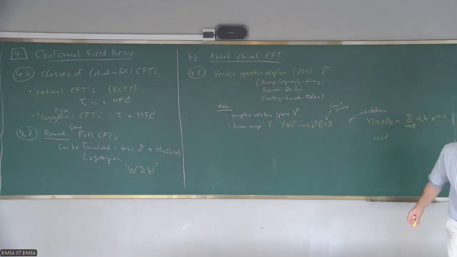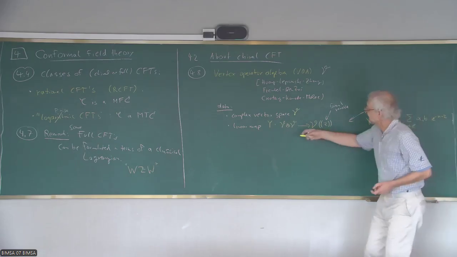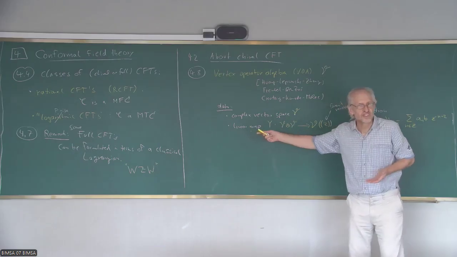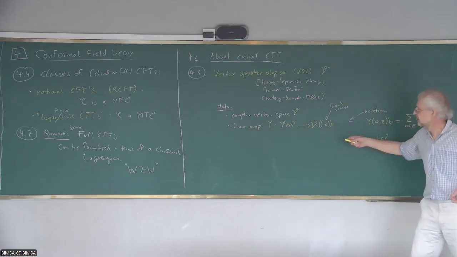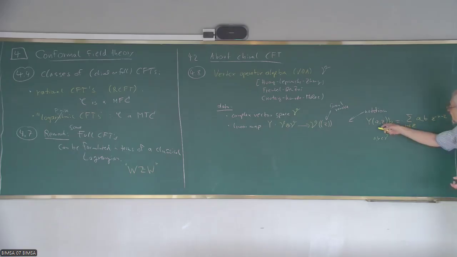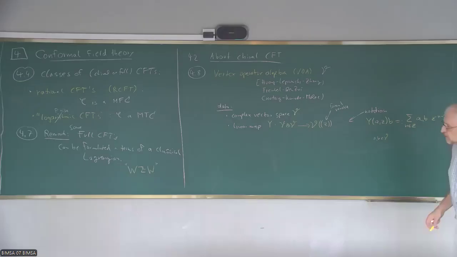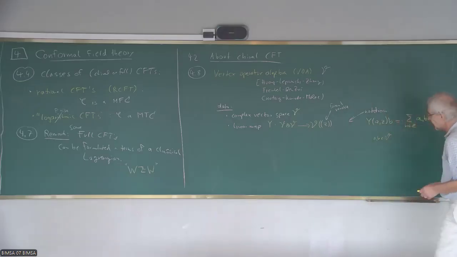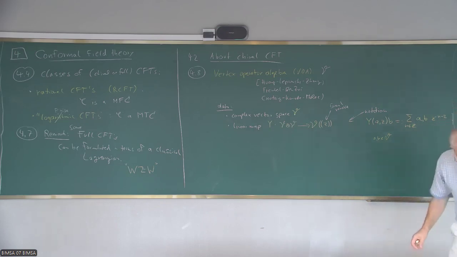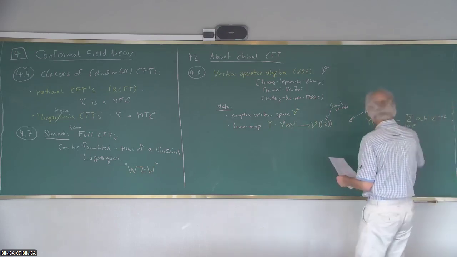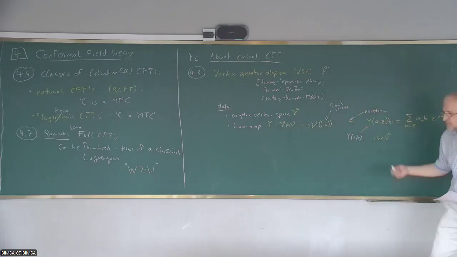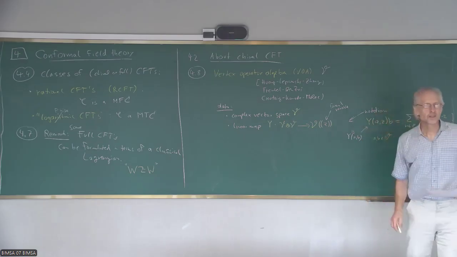So Y here does not depend in any way on some variable z, but we use a formal variable in its definition, and therefore we write it here. So we mention the name of the formal variable, and a and b are in the vertex algebra. One would really write this as Y of a and b, with some reminder about that.